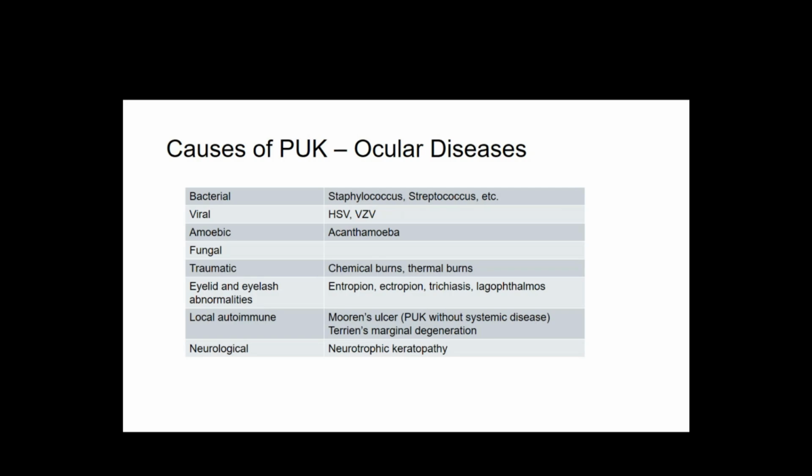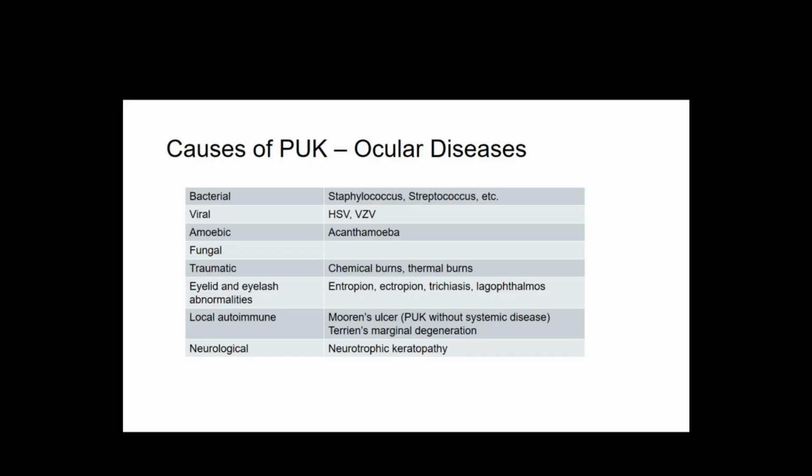Other autoimmune disease like Mooren's ulcer are probably very similar in pathological mechanism, but in Mooren's ulcer we don't find a systemic association, but the condition is very similar to the peripheral ulcerative keratitis we see in a systemic autoimmune disease.